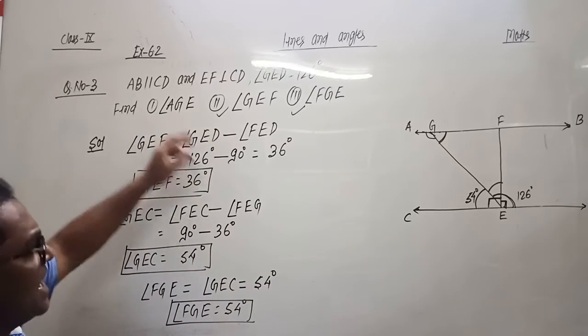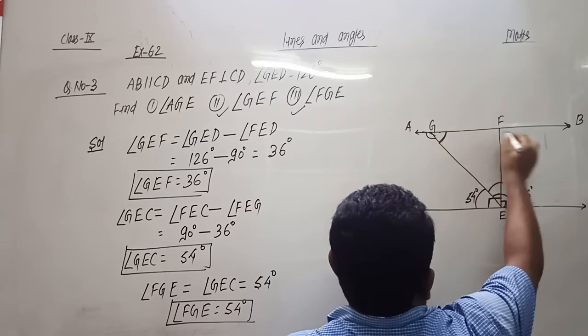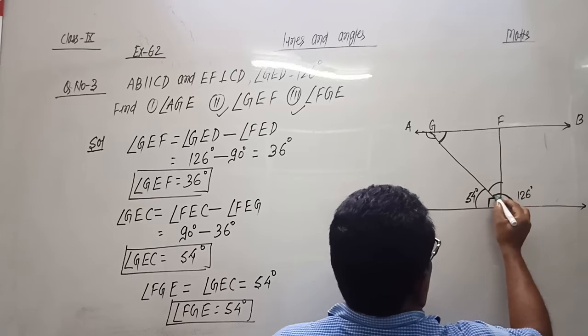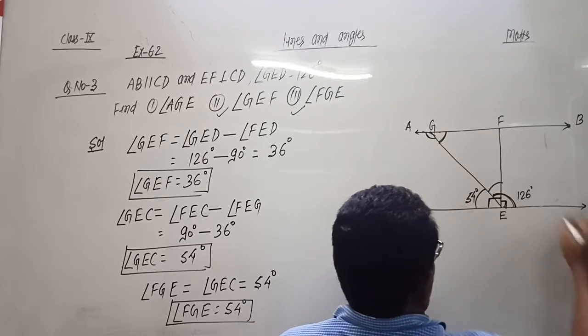Now we have to find angle AGE. Again, these are two parallel lines and this is transversal. So this angle must be equal to this angle.